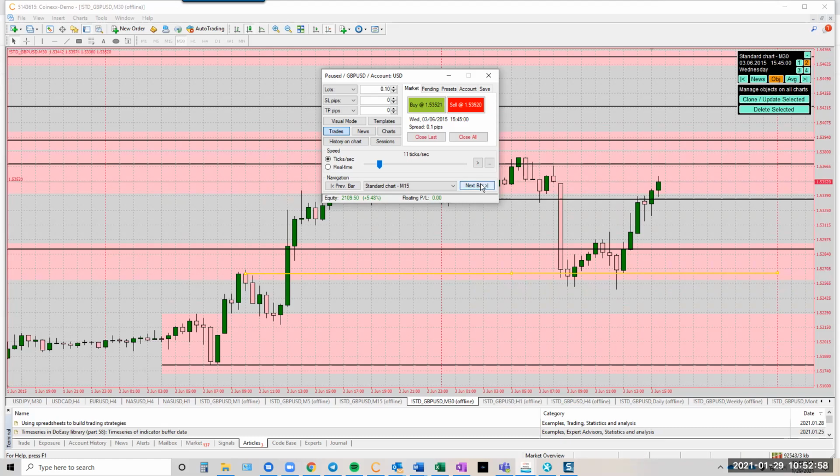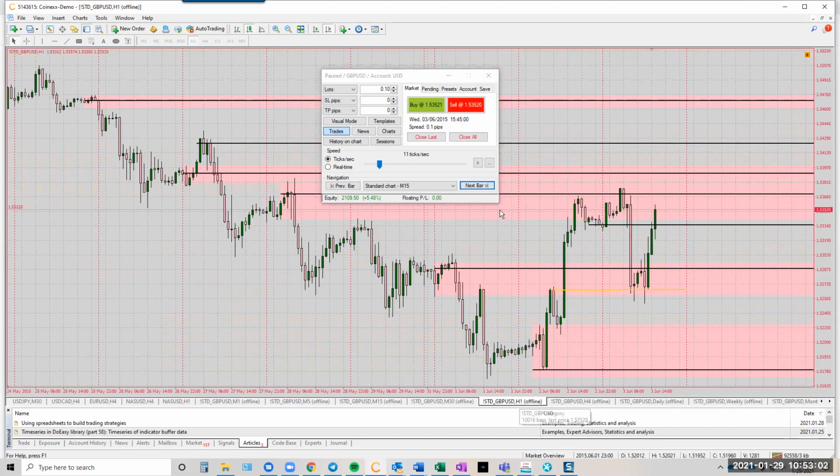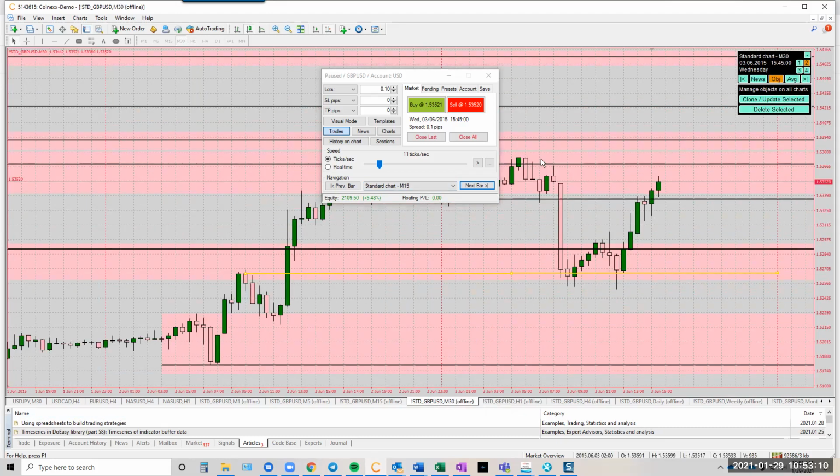I am looking for this to come back down for me because it should have been a rejection. So let me go back to the 30 minutes. I'm waiting for a pattern that indicates that it will go back down through this zone. About 6 candles.